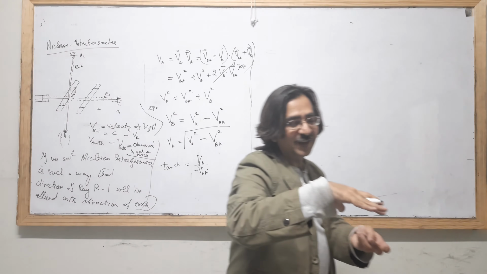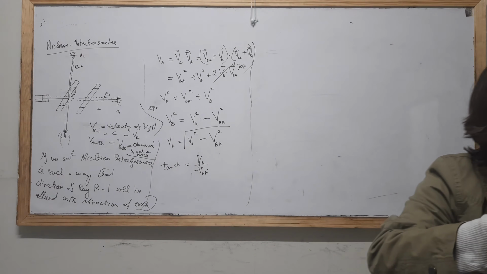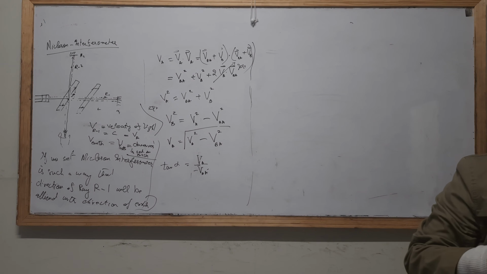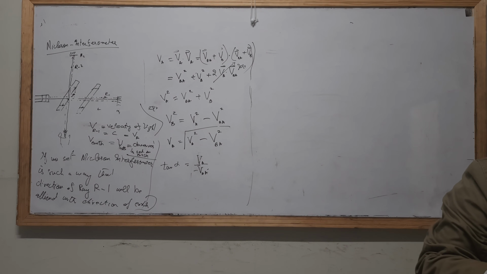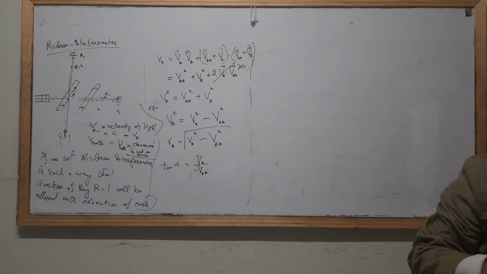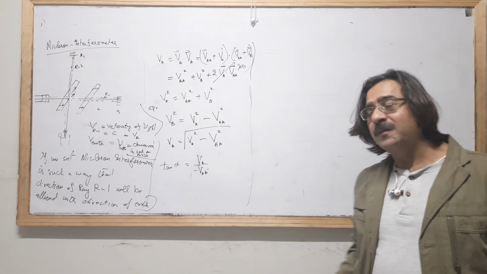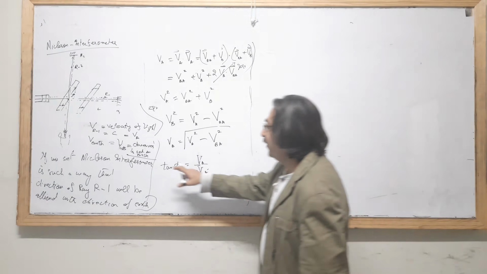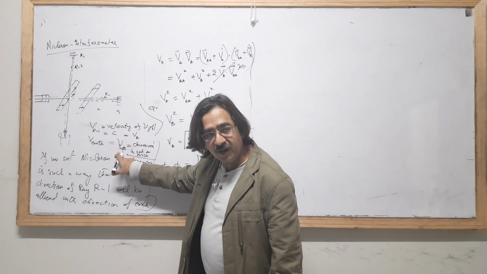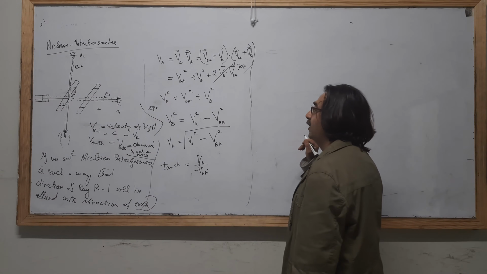If he is sitting on the Earth and the Michelson interferometer is put on the Earth, then both are moving with the same velocity, the Earth velocity. So velocity of Earth is VB. Got it?